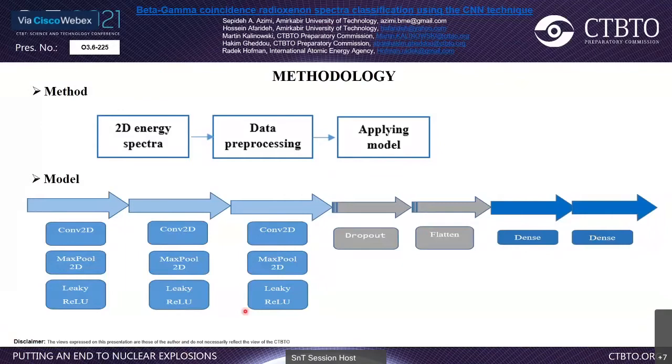We created deep convolution neural network model, which consists of 3 sets of two-dimensional convolution layer with two-dimensional maximum pooling, followed by 2 dense layers with a dropout and a flattened layer. Also, each convolution layer has a leaky rectifier linear unit activation.